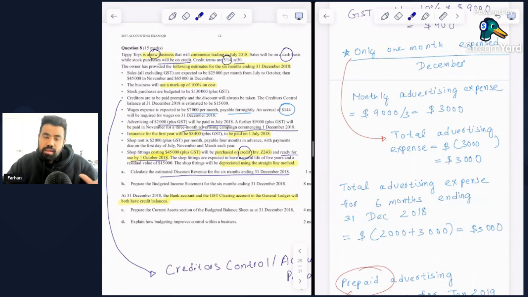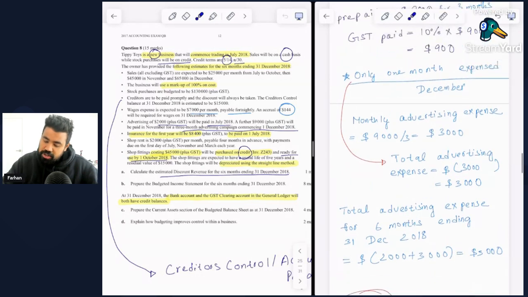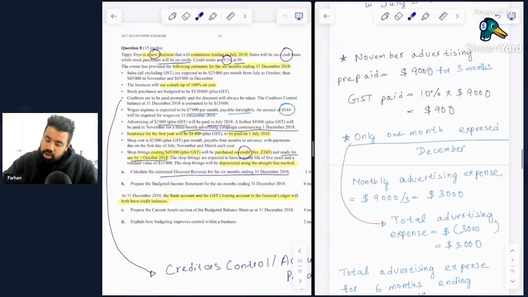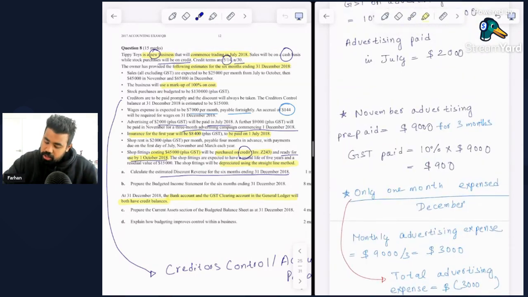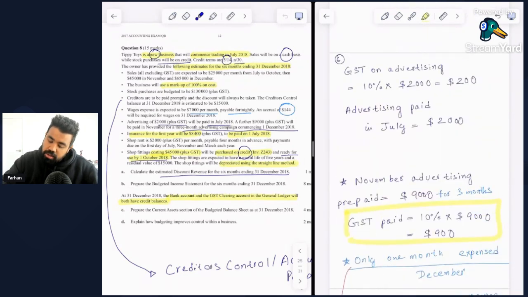And then we calculate the net amount and the settlement before we transfer the amount to the ATO. So we don't have to worry about that now, but you just need to calculate these amounts because we need to use this eventually: the GST paid of $900 and the GST initially paid of $200, okay?